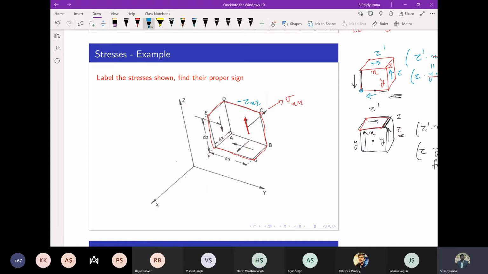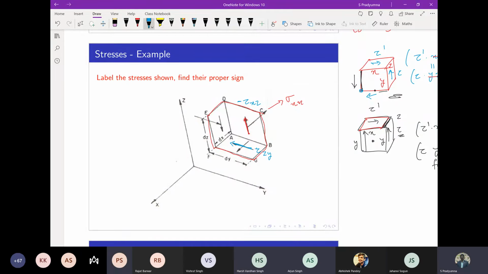Fine, agree. Now come to the face ABGF. What about this stress? This is tau zy.